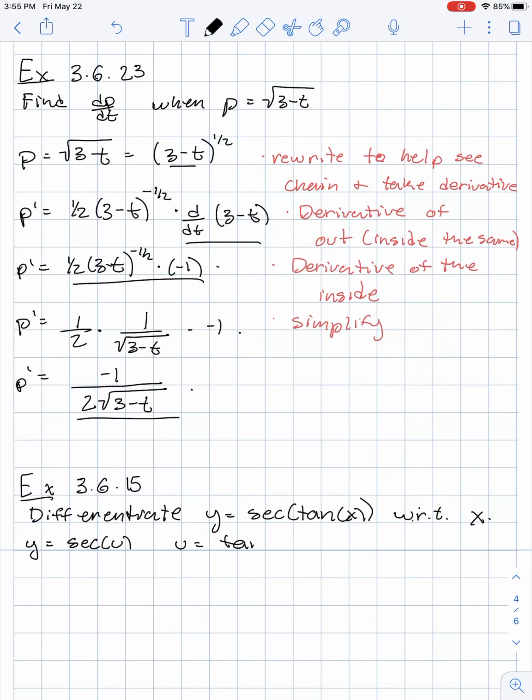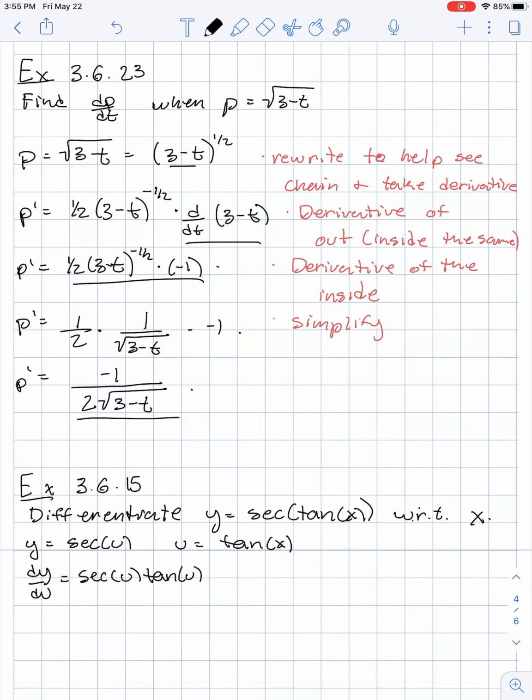So let's call y equal to secant of u and u equal to tangent of x. All right, so that means that dy du equals secant u tangent u.